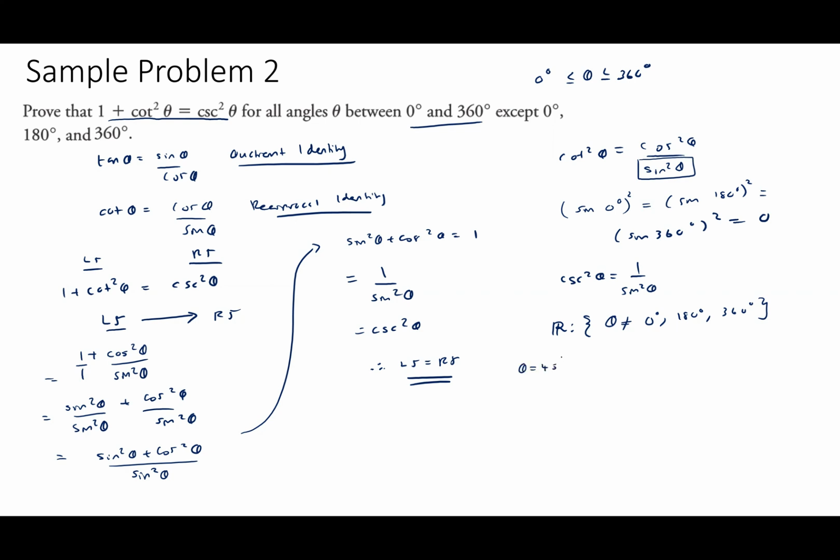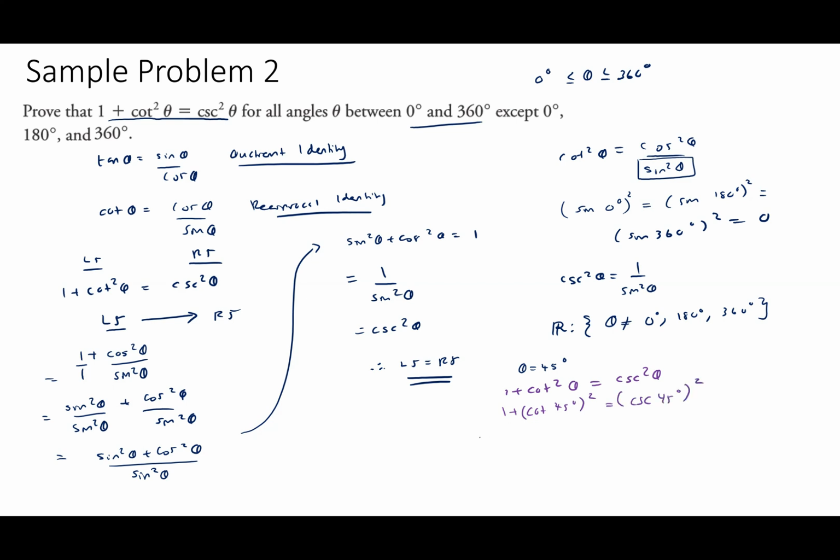Okay, and one way I could show you that it works for all variables, let's say theta was equal to 45 degrees. We have 1 plus cotangent squared theta, and maybe I'll use a different color here so I can see this better. So you have 1 plus cotangent squared theta is equal to cosecant squared theta. Theta is 45 degrees, so you have 1 plus cotangent 45 degrees squared is equal to cosecant 45 degrees squared.